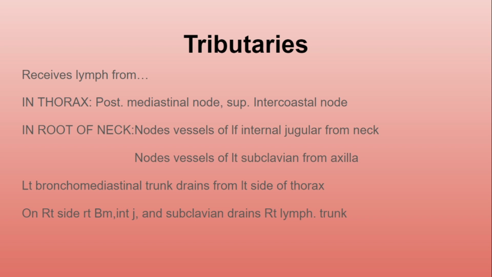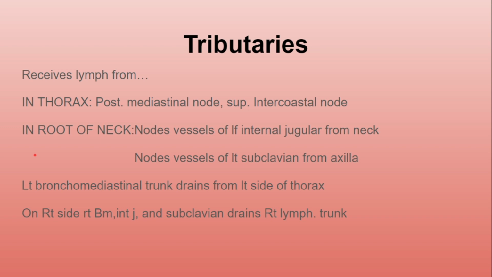In the thorax, it receives vessels from the posterior mediastinal node and the superior intercostal node. At the root of the neck, it receives efferent vessels from mainly 2 areas, the neck and the axilla. From the neck, from the left internal jugular, and from the axilla, from the left subclavian. All these trunks end up in the thoracic duct.